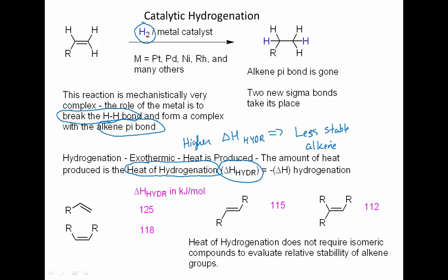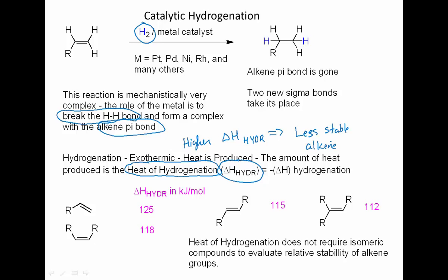In the past we were using heat of combustion to determine alkene stability, but when we do that we're limited by the fact that we have to have isomeric alkenes. Now we don't have to have that limitation anymore. We're just looking at how stable is the alkene where it's located in that molecule.